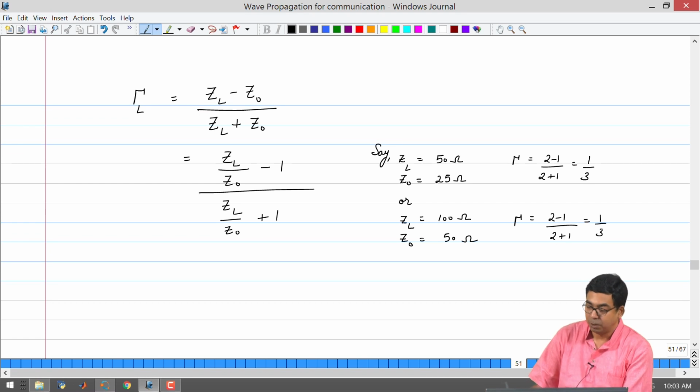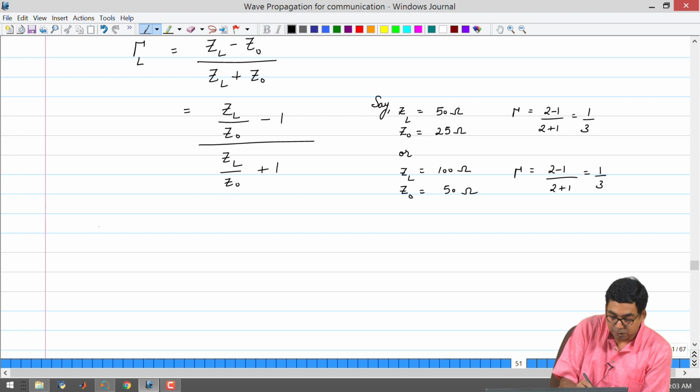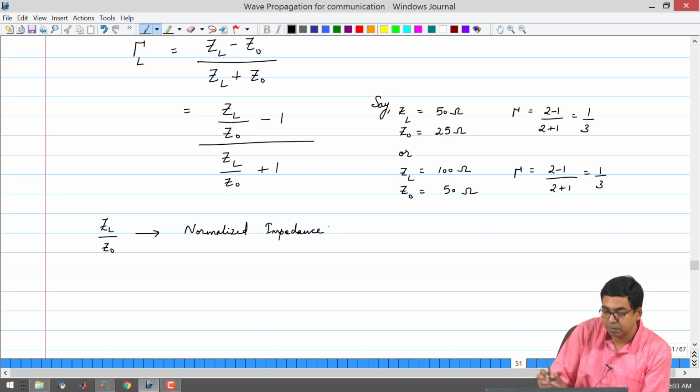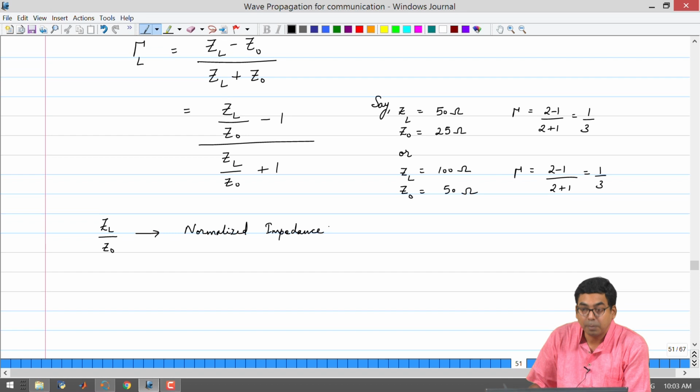This ratio we refer to as normalized impedance. We can say that ZL by Z naught is the normalized impedance.